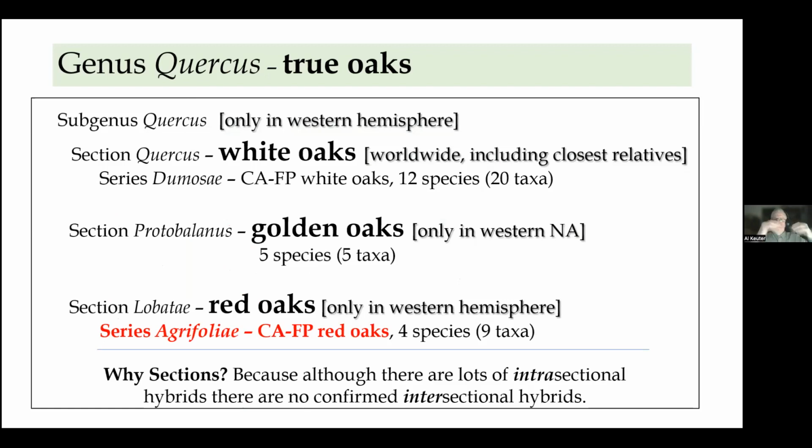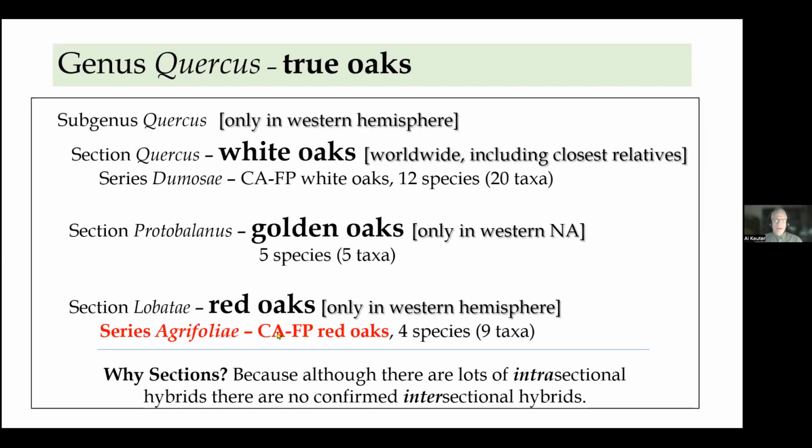Genus Quercus, subgenus Quercus, section Quercus would be the white oaks, though that section originally was sort of thought to be a worldwide group of oaks. You do see white oaks throughout the world. You do not see the golden oaks throughout the world. That's section Protobalanus. And you do not see my oaks, the red oaks, anywhere but in the Western Hemisphere as well.